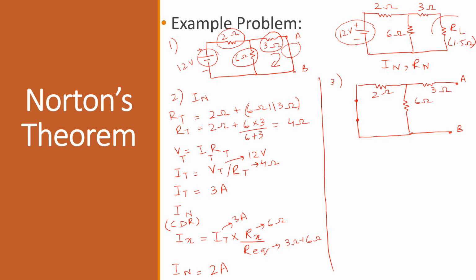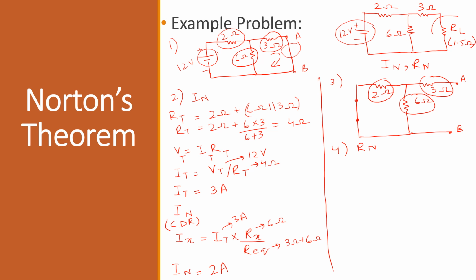In next step, you will calculate Norton resistance, which is Rn. How are you going to calculate this? Now look at this circuit which you have made in step 3. As you can see, this 6 ohms resistor and this 2 ohms resistor are now in parallel with each other, and this parallel combination is in series with this 3 ohms resistance.